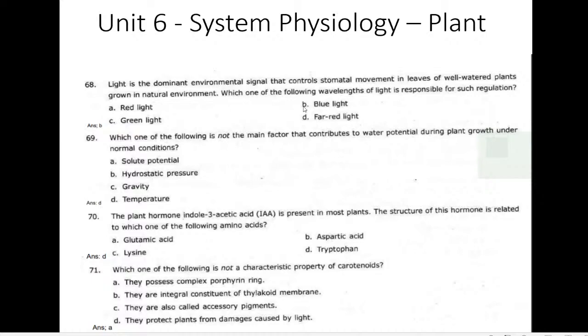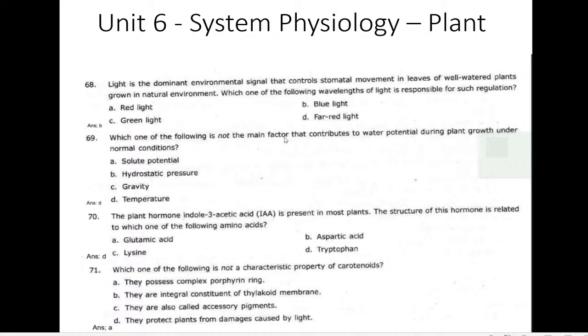Blue light comes in a particular range, around 300 to 400 nanometer. This kind of blue light is helpful for receiving environmental signals.